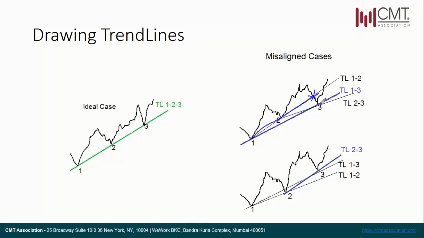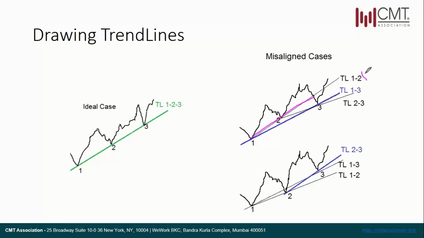So if you remain with this particular trend line, 1 and 2, then the validity of the trend line is not there anymore, because it really is not any support as of now, because the prices have moved up from this point. However, it could have acted as a resistance, but that's a different story. So if you're looking for a support line, then this 1 and 2 is not really the one which is going to act as a support.